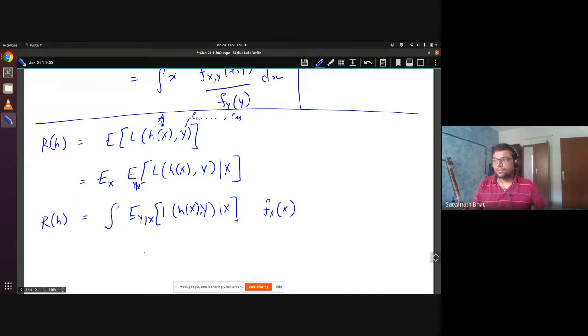Now what we are going to say is that the Bayes classifier, we will continue this tomorrow, but let me just give you a hint where we are going.